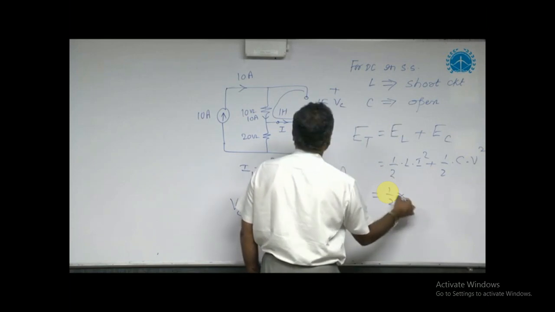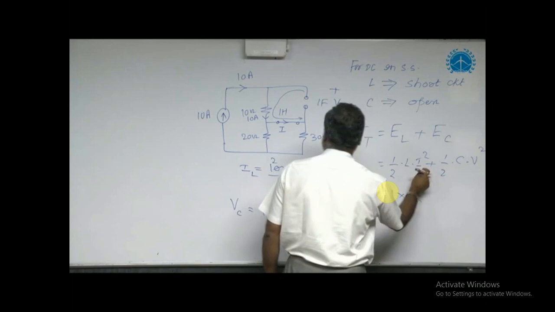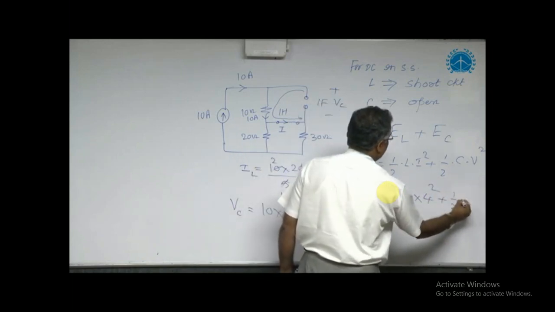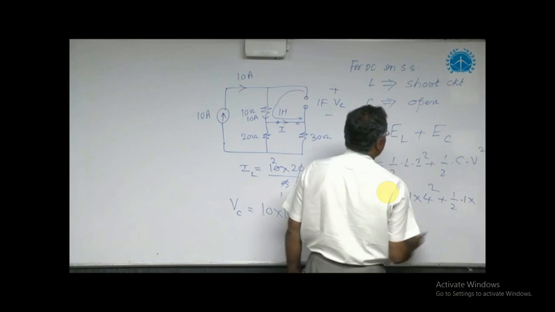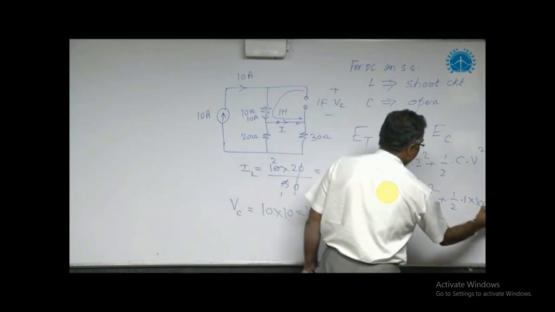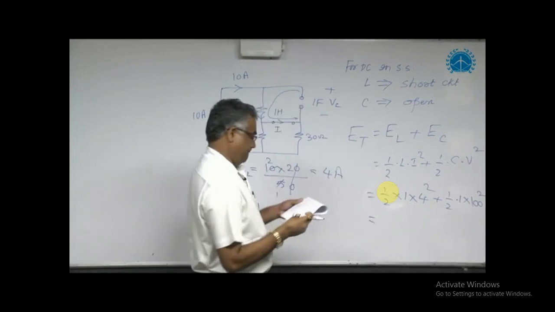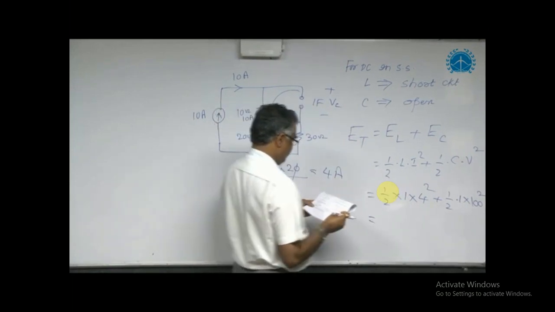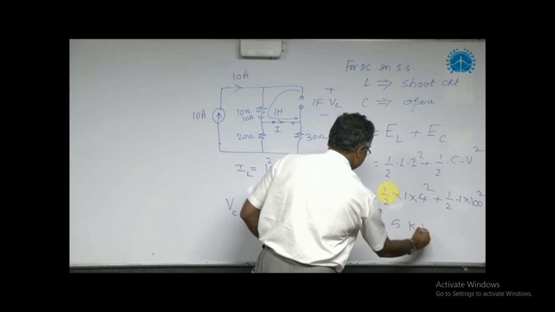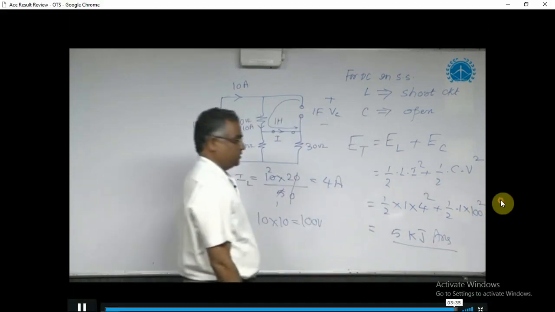Half into L, L value is 1 Henry, current 4 square, plus half into C, C is 1 farad, and voltage across capacitor is 100 square. So simplify this. The answer will be approximately 5 kilojoules. That is the answer.